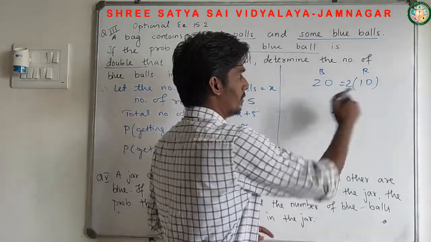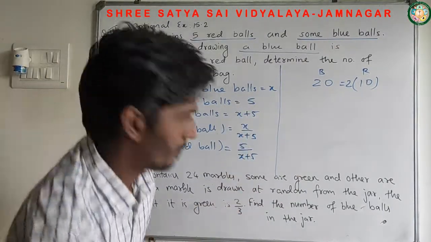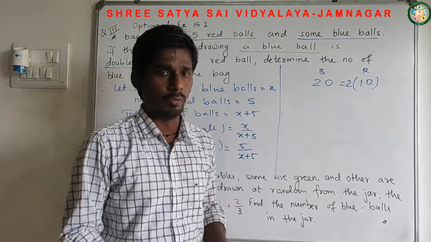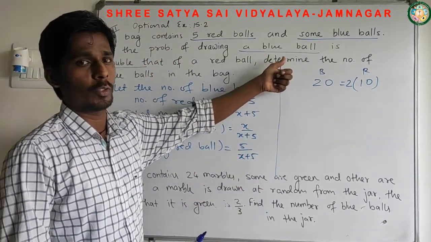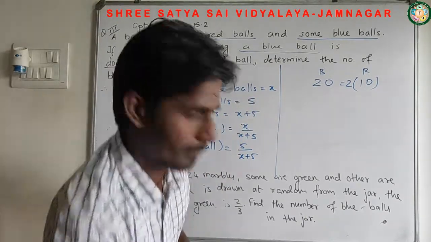Red. So the same application we are going to do for probability here. This is the one important part you have to understand. Where to multiply? Here blue is double, so I am going to multiply 2 to the probability of red.